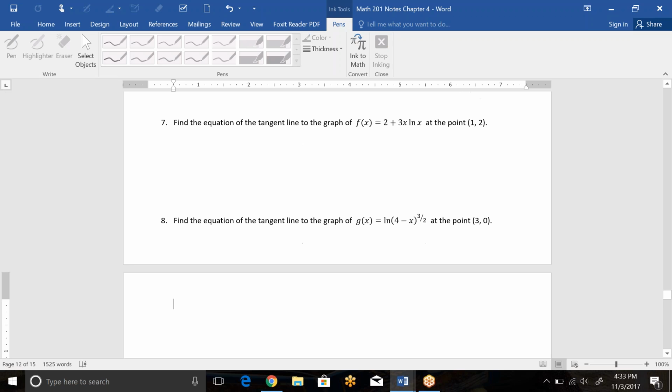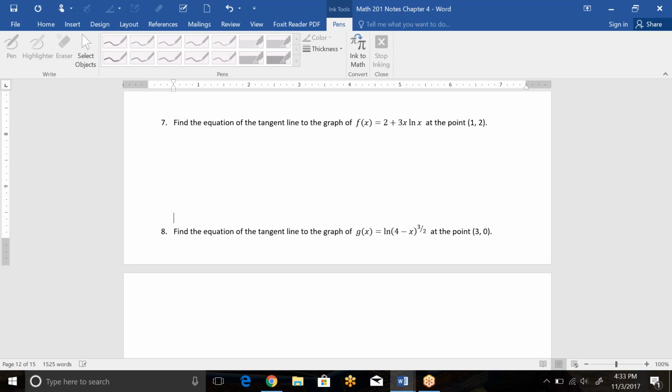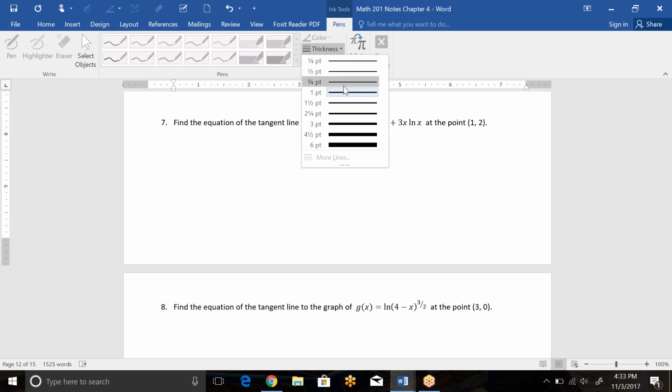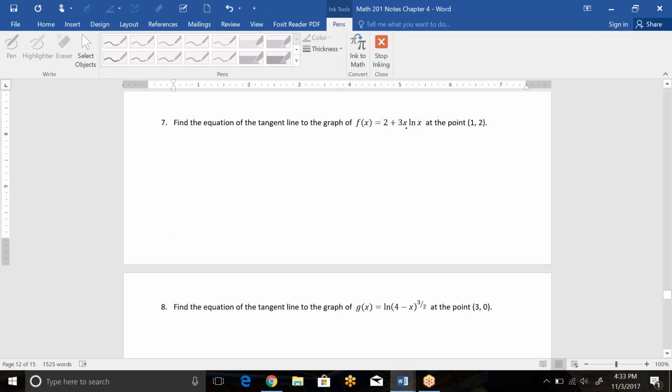Okay, then number 7, we needed to find the equation of a tangent line. So we need to take the derivative of this. This has got a product rule again because you've got the x there. Derivative of 2 is just going to be 0. So we have 3x as our original function there, and g of x is going to be the natural log of x. I'll call this h of x so it doesn't match the original function.